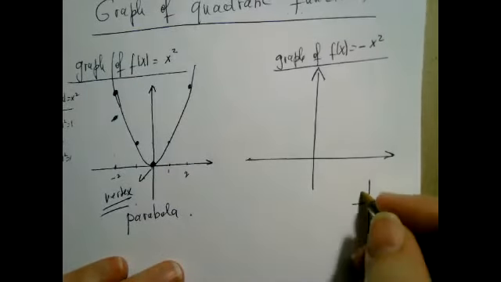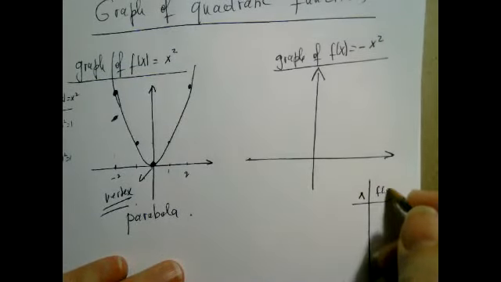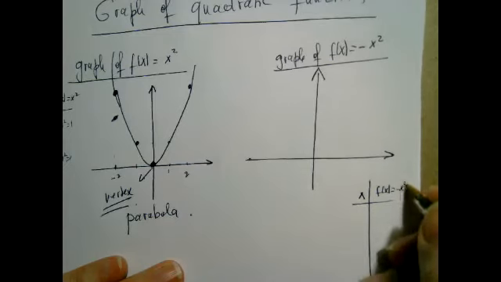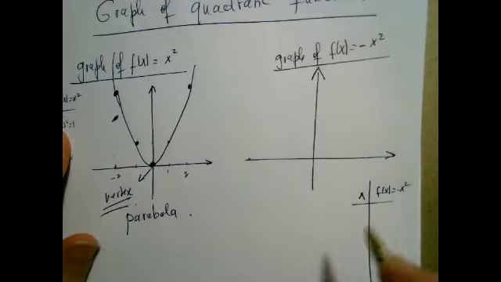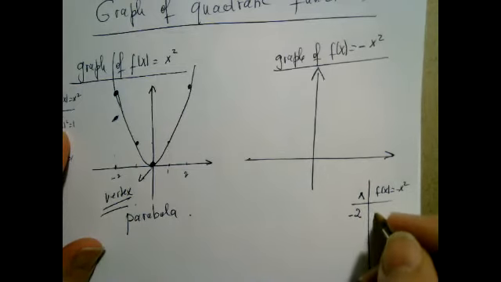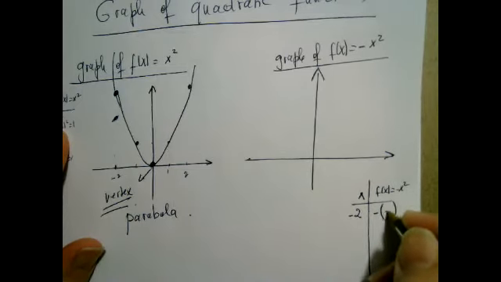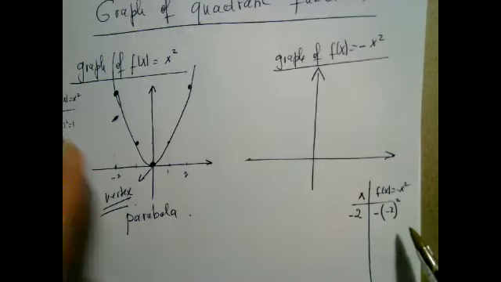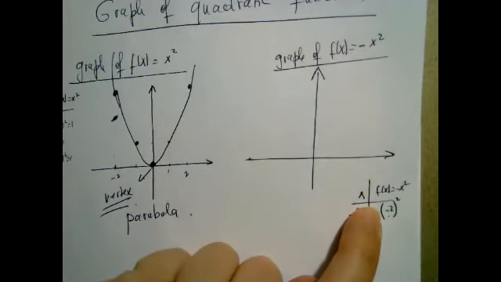We take input, output, -x squared. And now what's happening here? If this is -2, this would be -2 squared. Okay, -2 squared with the minus in front is -4.